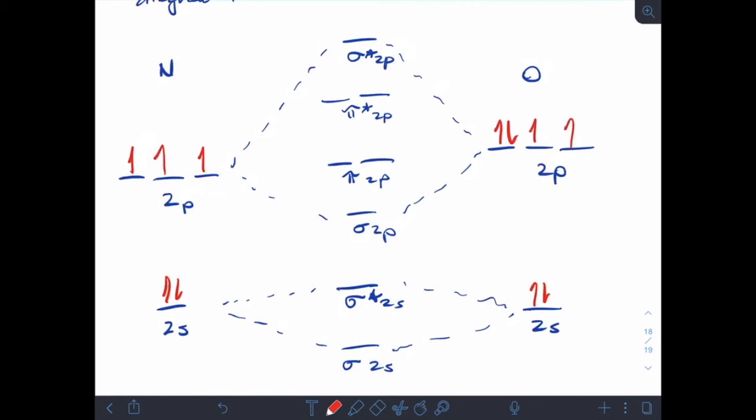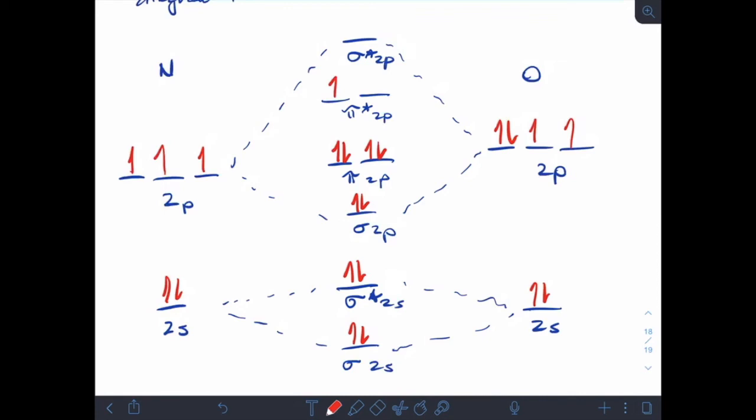So in the 2s level, I've got 4 electrons to add to the drawing. So I'm going to fill from the bottom. There's 4. Now in my p level, I have 3 from the nitrogen and 4 from the oxygen, so that's 7 total. So I'm going to fill from the bottom. So 1, 2, 3, 4, don't pair them yet, 5, 6, and then we move up to 7.